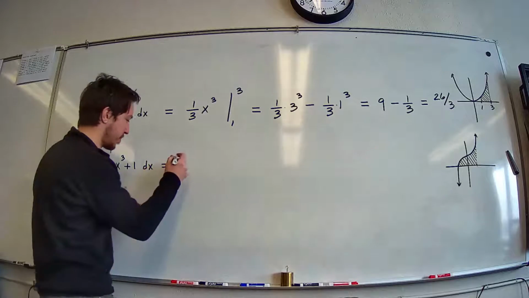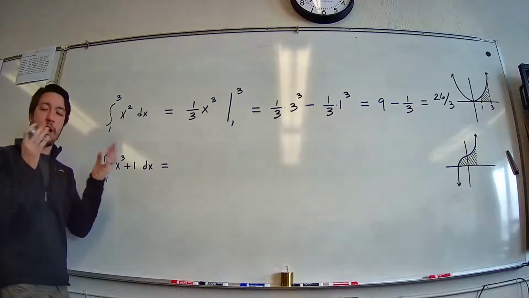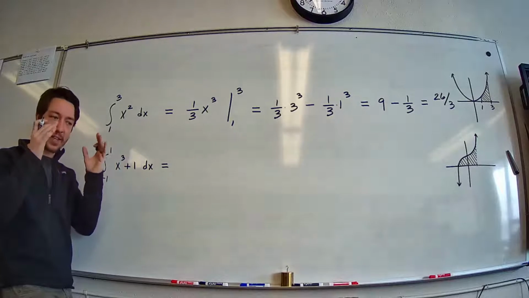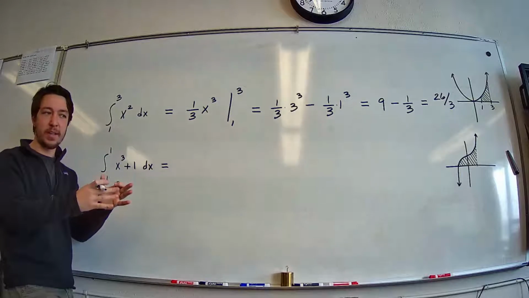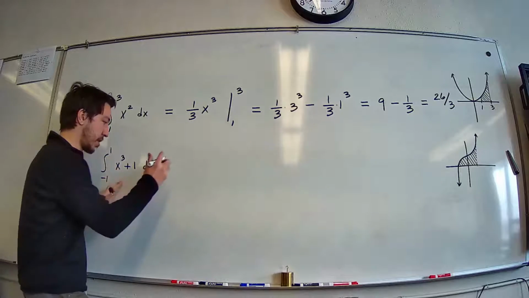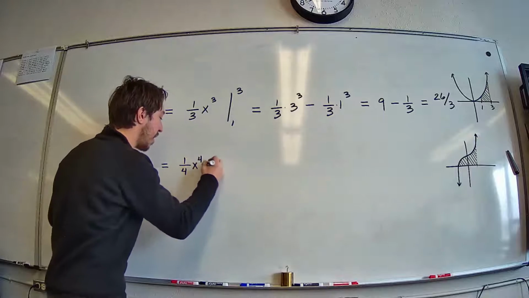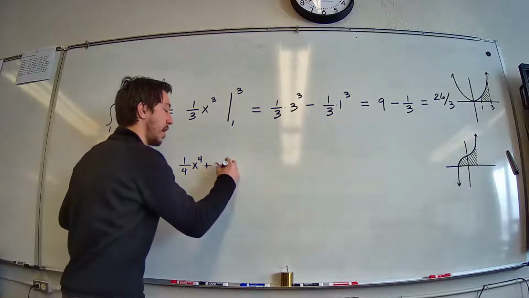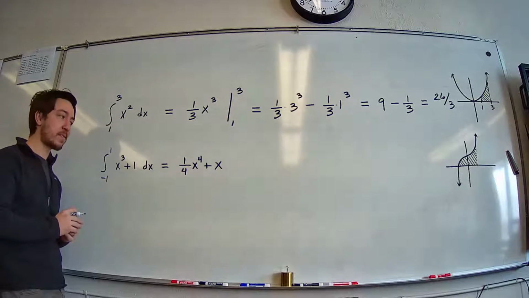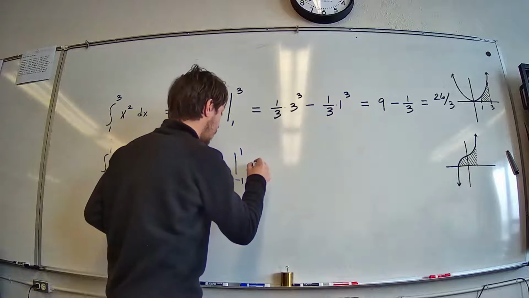So take the integral. Many of these have very interesting lines of reasoning you can take to figure out the answer, but if you're having trouble with that, it's fine. You can just calculate. Your calculation would be 1/4 x to the 4th plus x, since the integral of 1 is x, and then we're evaluating from -1 to 1.